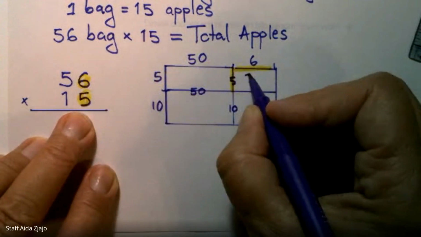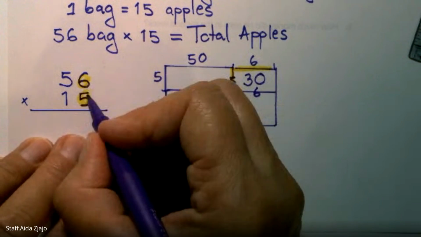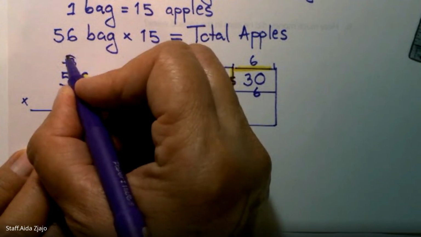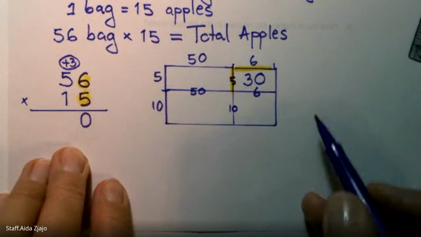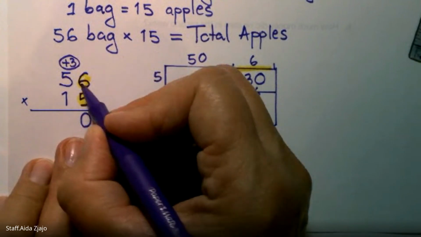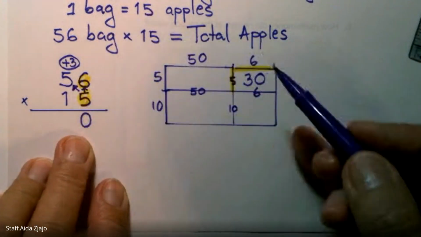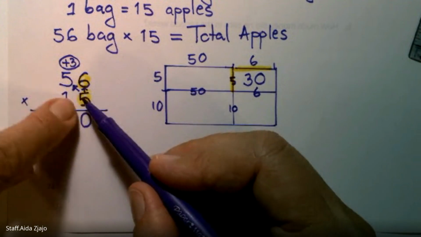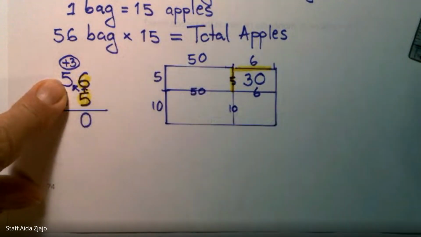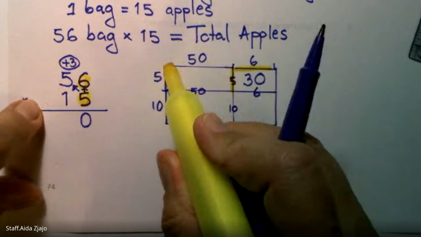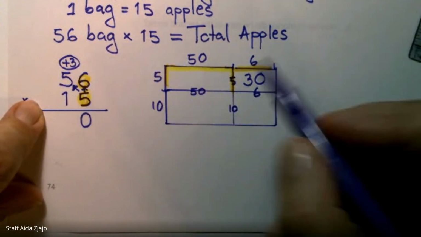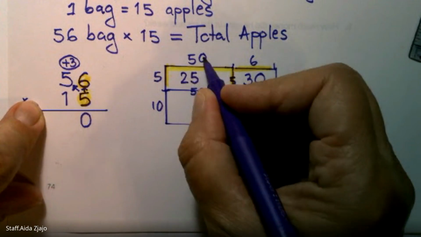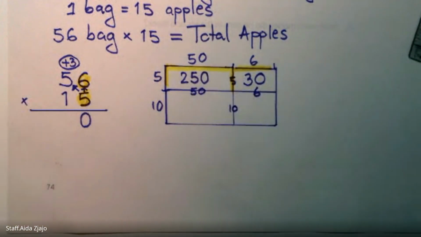6 times 5 is 30. So it's 0, and you made it 3 tens. Okay, now you've done this. Now you do 5 times 50, because this is 56. So it's 5 times 50. Look, 5 times 5 is 25, and add a 0 from the 10.